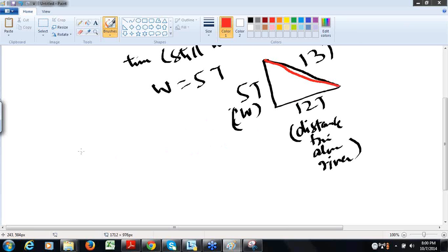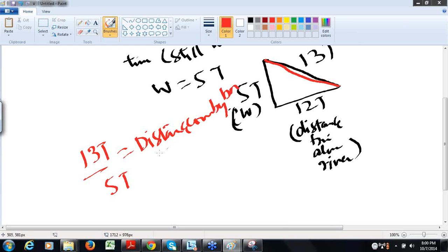Now 13t upon 5t, that will be what? Distance covered by boy upon total width of river, which is in turn equal to what?